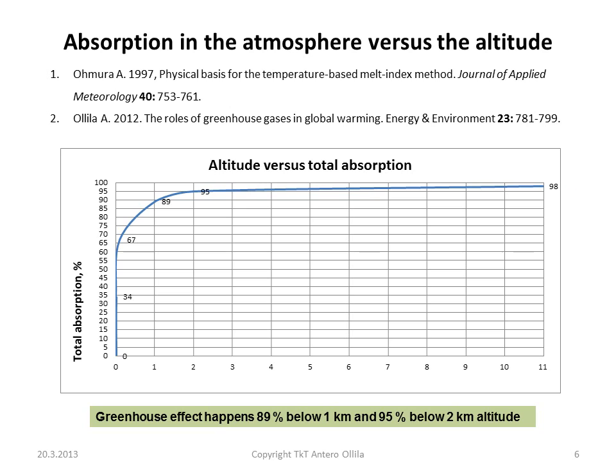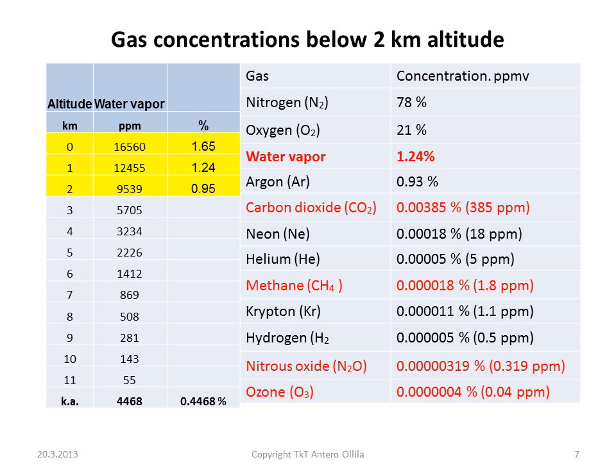So only 2% is left above the 11 kilometers. And this is one good reason why the greenhouse effect calculations can be calculated in the troposphere below 11 kilometers altitude. So it turned out that 95% of absorption has taken place before 2 kilometers altitude.